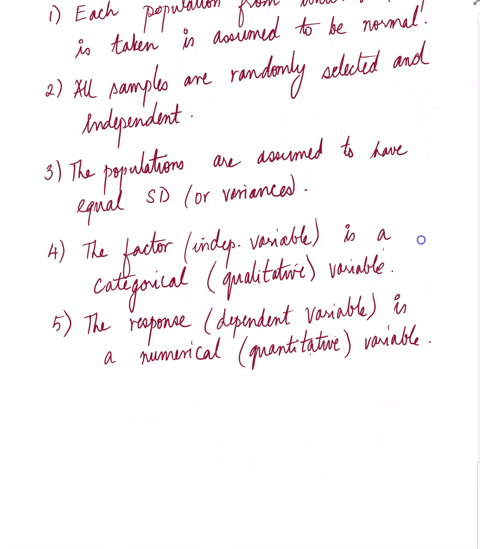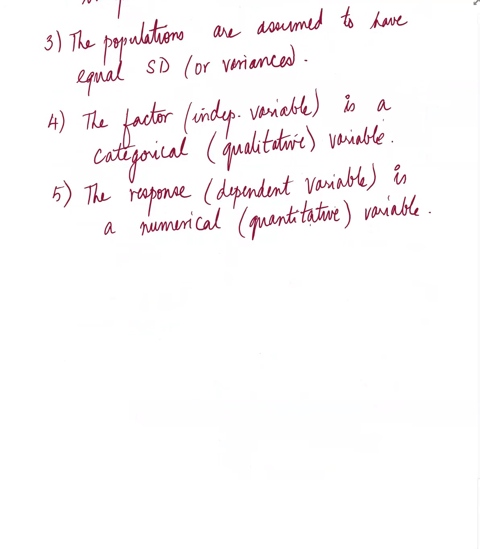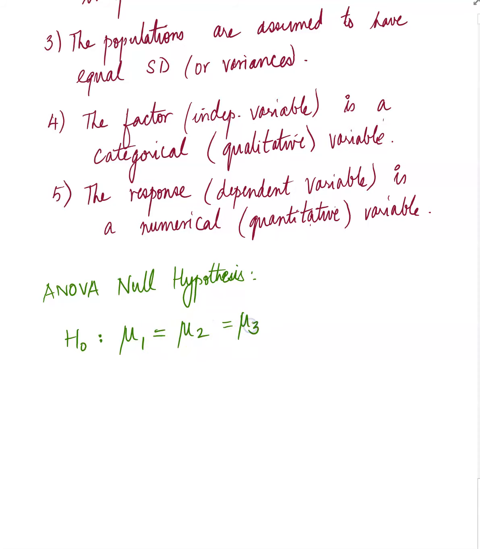So what we generally do is, when we have an ANOVA null hypothesis, you know, the null hypothesis always has the equals. So your H0 will always be the means set equal to each other. We don't know what these means are, right? If it's A, B, C, then you do A, B, C. It's 1, 2, 3.